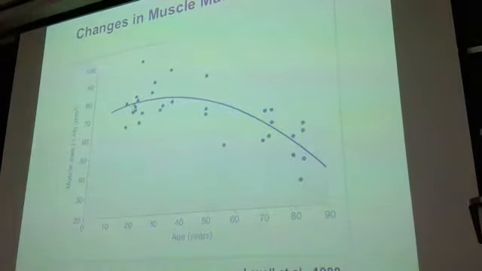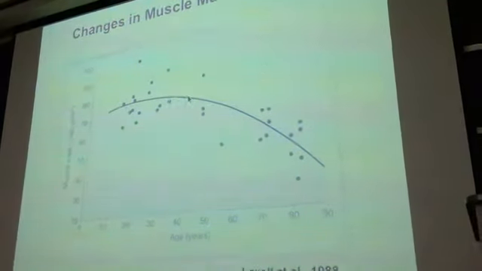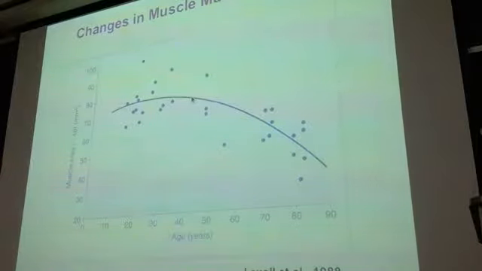In youth, younger than most of you, you're increasing muscle mass as one grows and matures. Then one stabilizes into the 20s and 30s, but beginning as early as the 30s, there begins to be a slow decline in muscle mass that accelerates with age. So this is the phenomenon that we'll be discussing today. It's a universal phenomenon. It's almost a definition of aging.